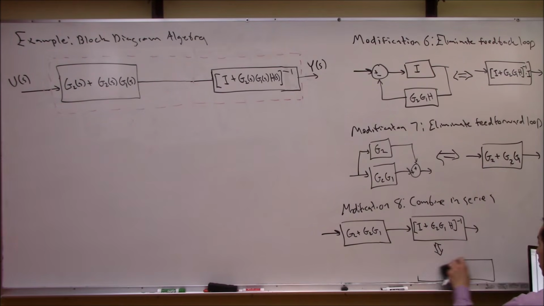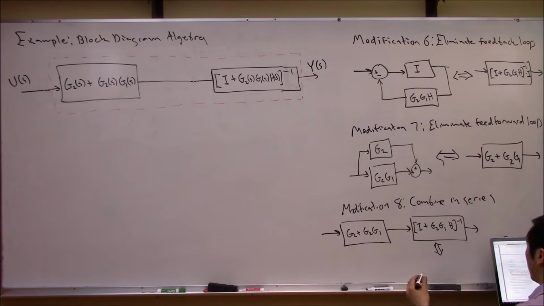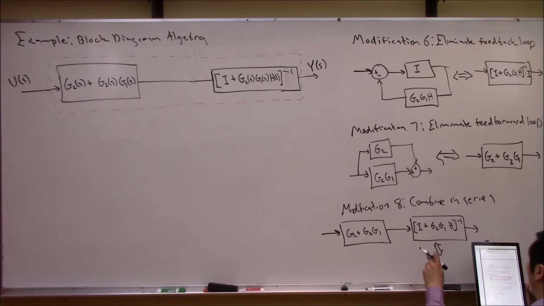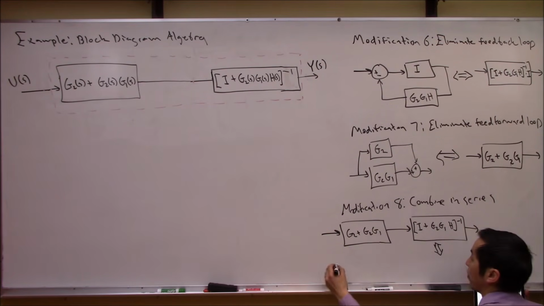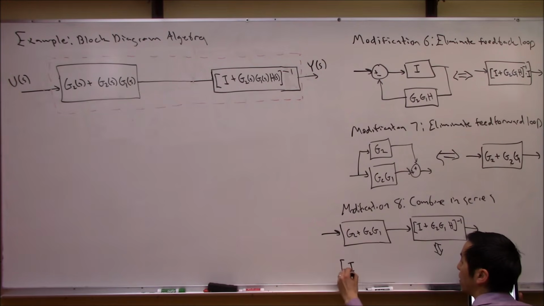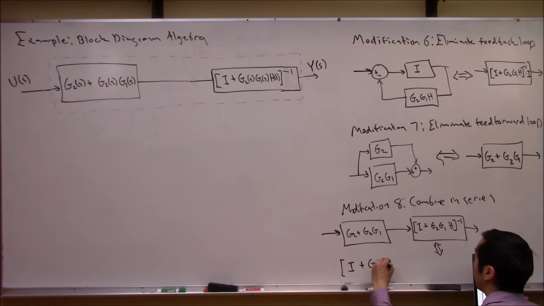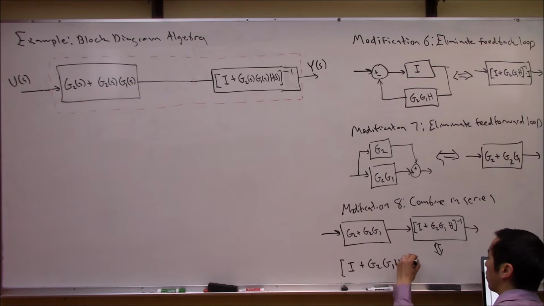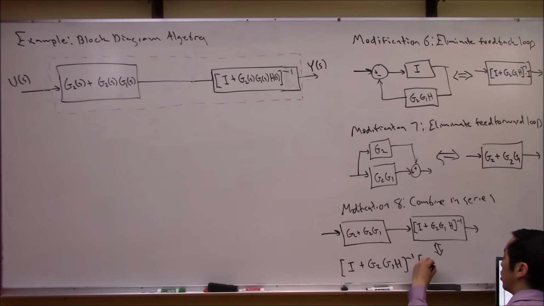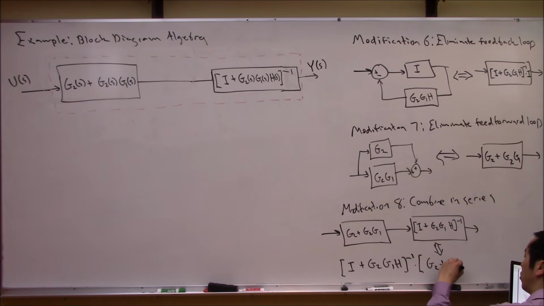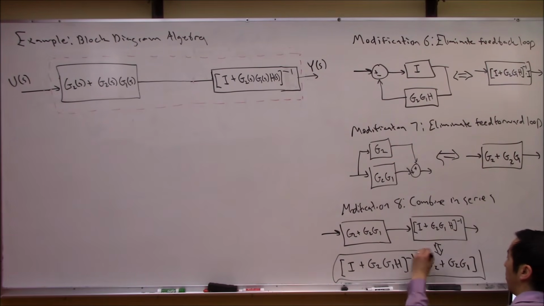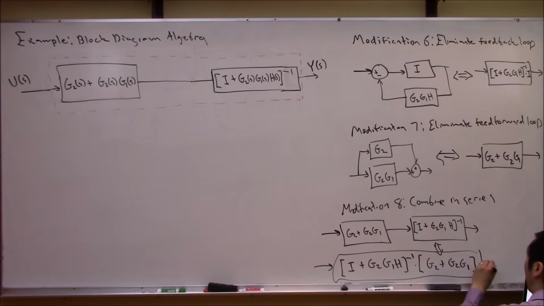Maybe I'll make sure I got this thing big enough. This is now this thing multiplied by this. So it is now identity plus G2, G1H inverse times G2 plus G2, G1. Input, output. Great.